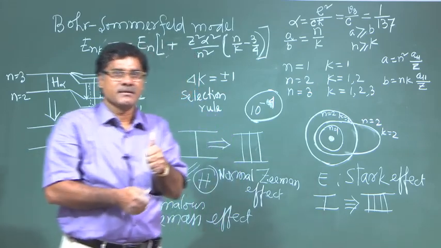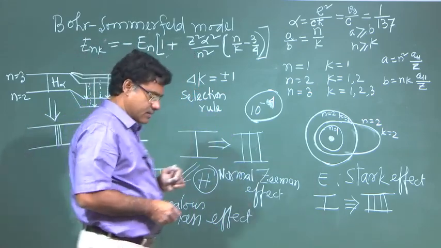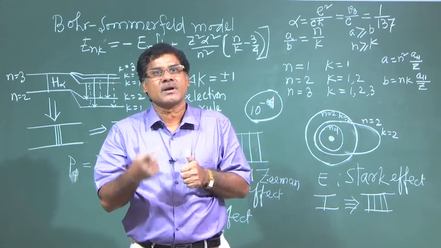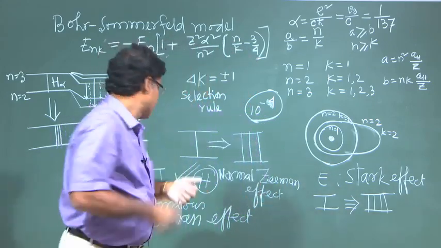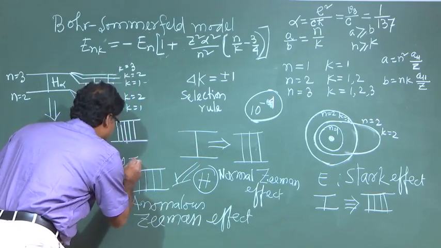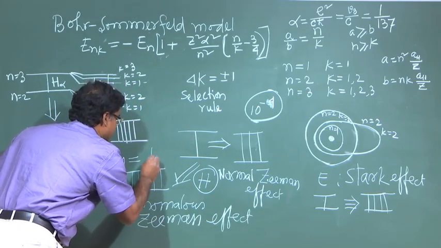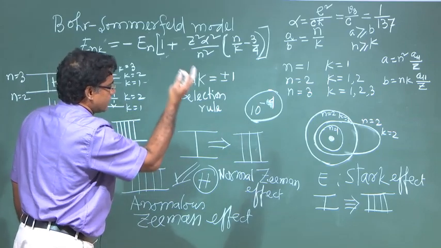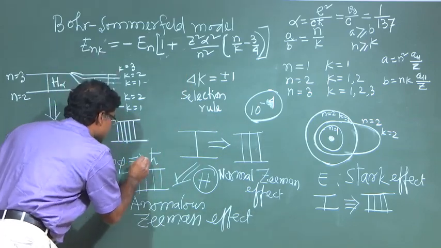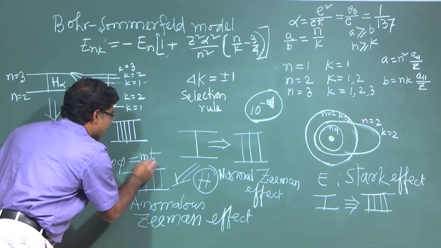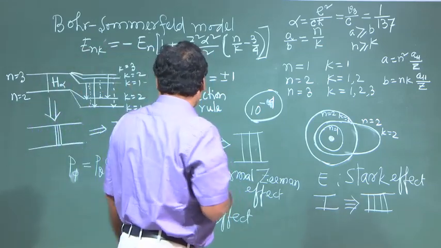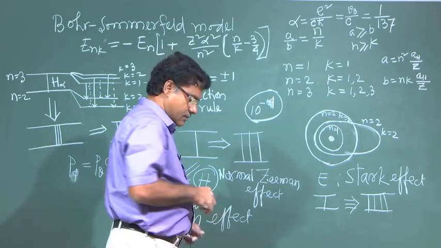Now it is telling us that p phi is quantized, and this will be equal to some multiple of h cross. Earlier we used n, then k; here it is m or m phi, so m phi h cross, okay.